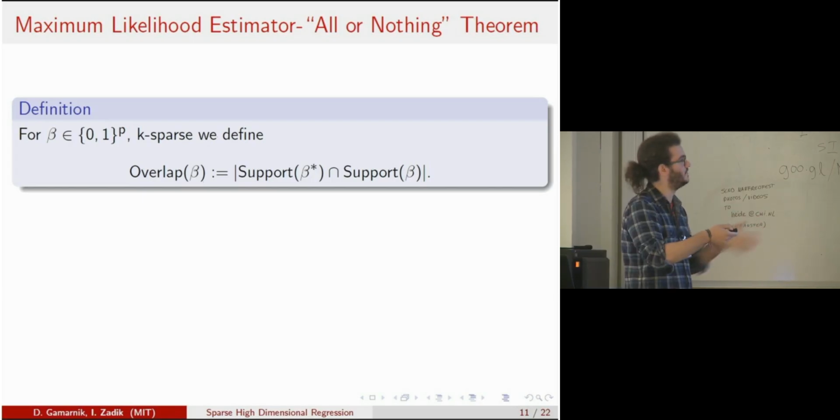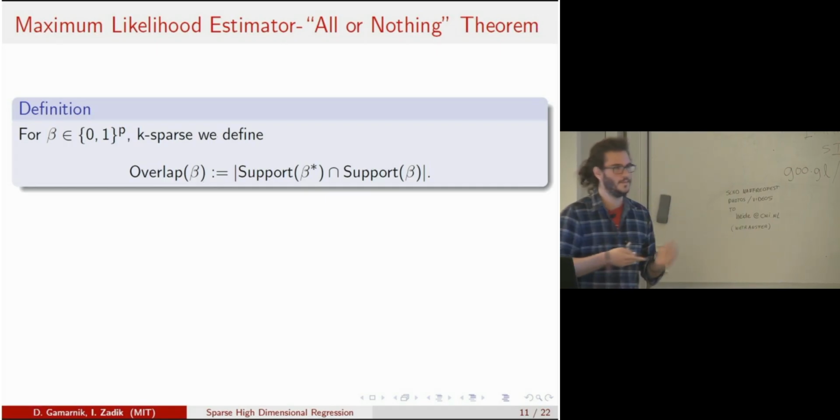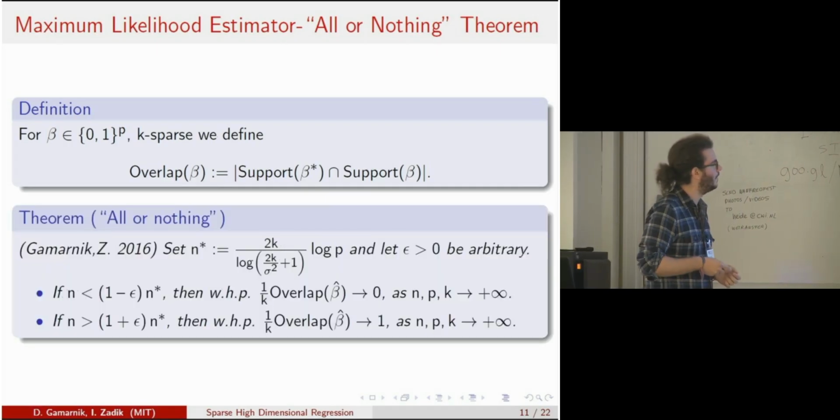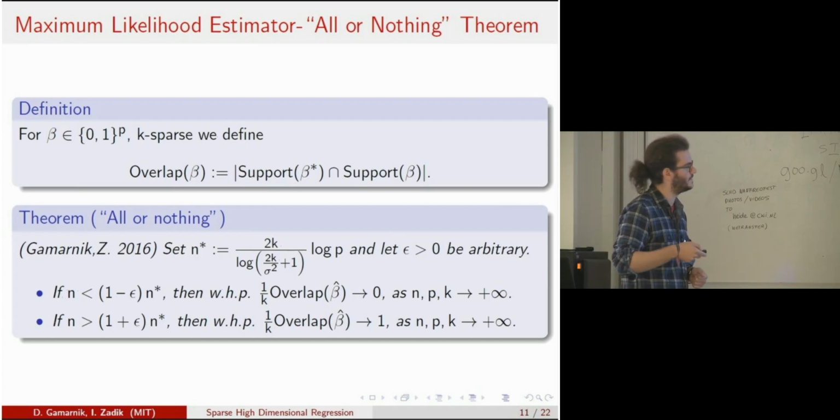Overlap is obviously between 0 and k. If overlap is close to k, you're in very good shape. If overlap is close to 0, you're not. So our theorem from 2016 is essentially the following. Let n star be the same quantity that came from the Gaussian communication channel lower bound, and epsilon arbitrary. The moment you have only (1 minus epsilon) n star samples, say 0.99 n star, then with high probability beta hat is a very bad estimator.